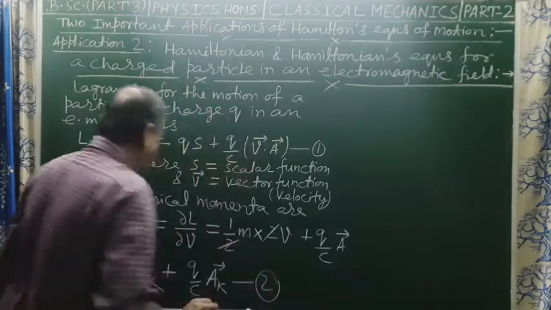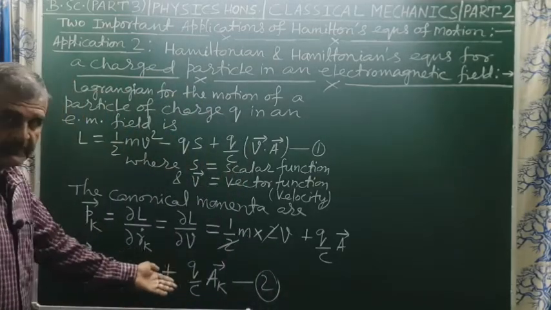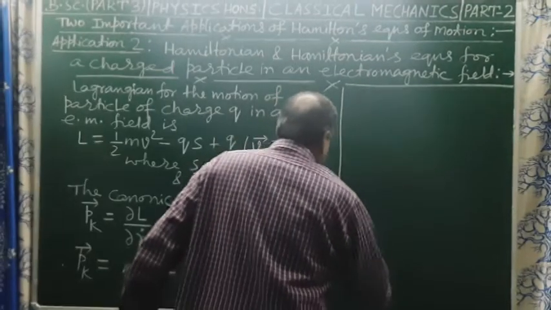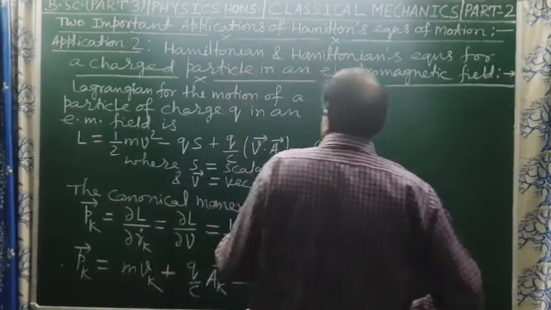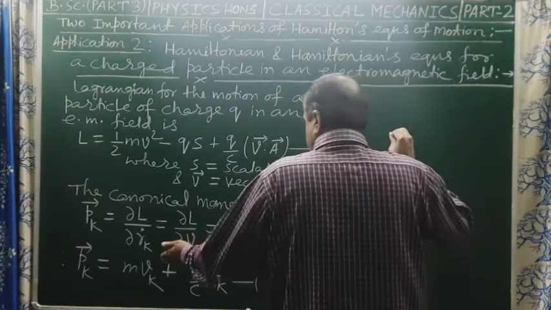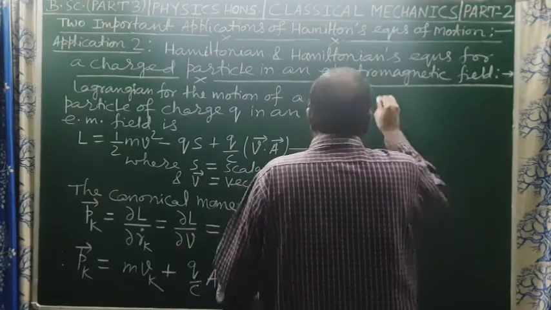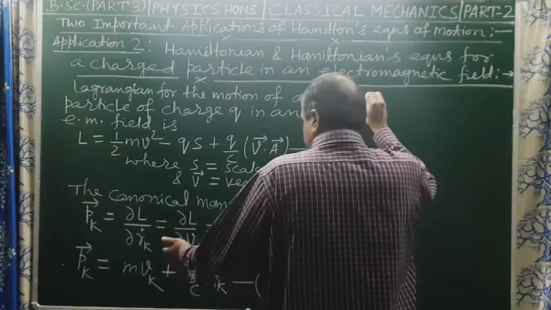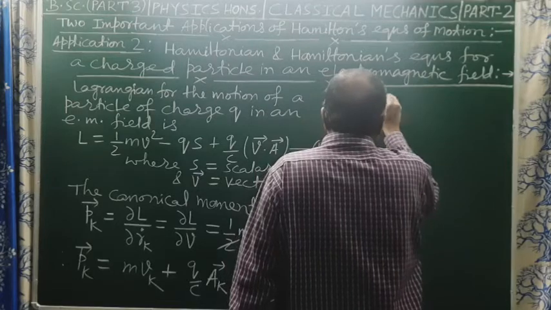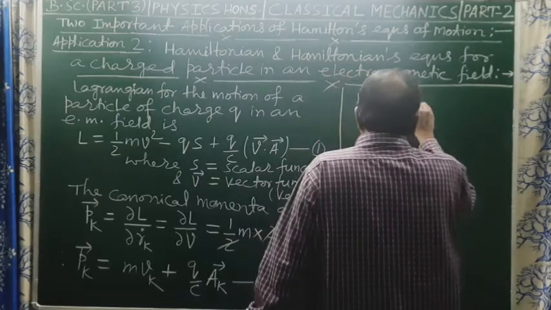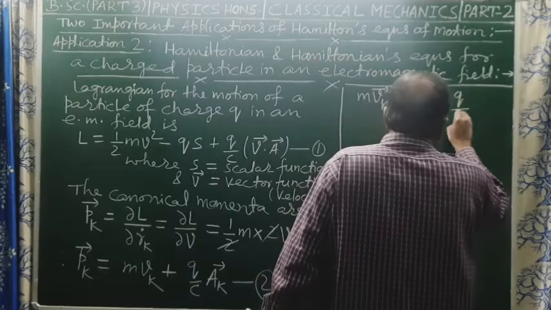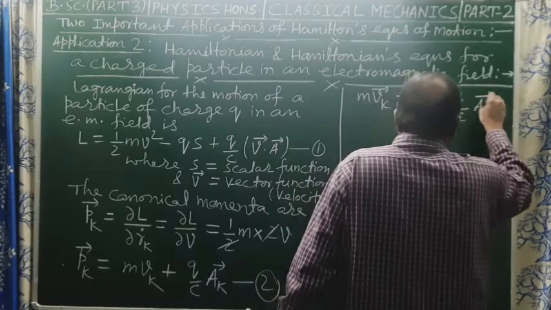Now we can obtain vk from this equation 2, and then we will obtain the Hamiltonian function for a charged particle in an electromagnetic field. So mvk, from equation 2, we can write mvk equals pk vector minus q by c ak vector.